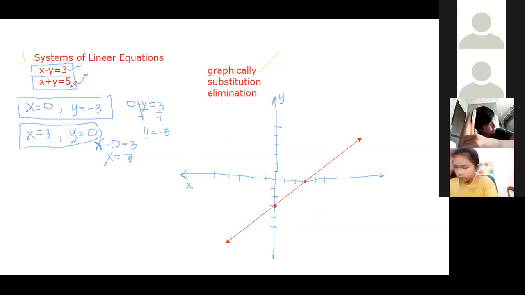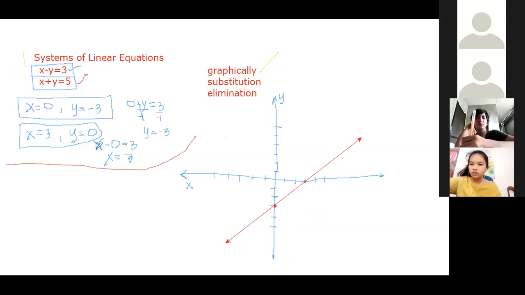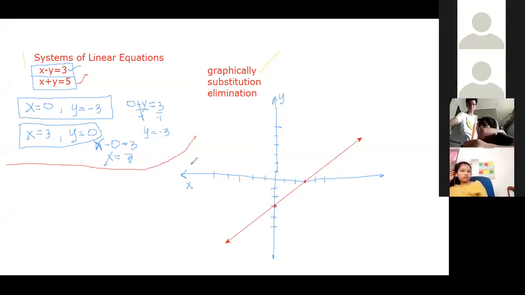Now, after that, i-graph na naman natin ang equation na ito. Okay, the second equation, graph natin. How? The same process using intercept. Okay, so let's find first the x-intercept. Again, ang x-intercept, ito po ay ang lugar kung saan dumaan ang linya sa axis, sa x-axis.